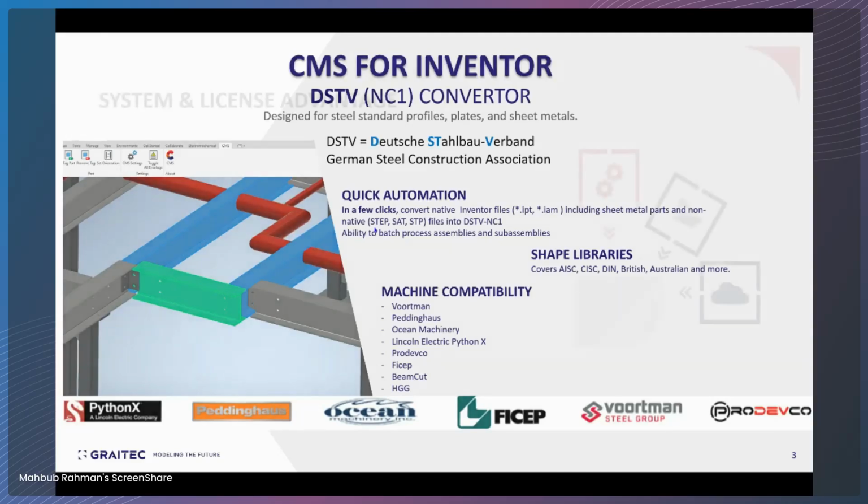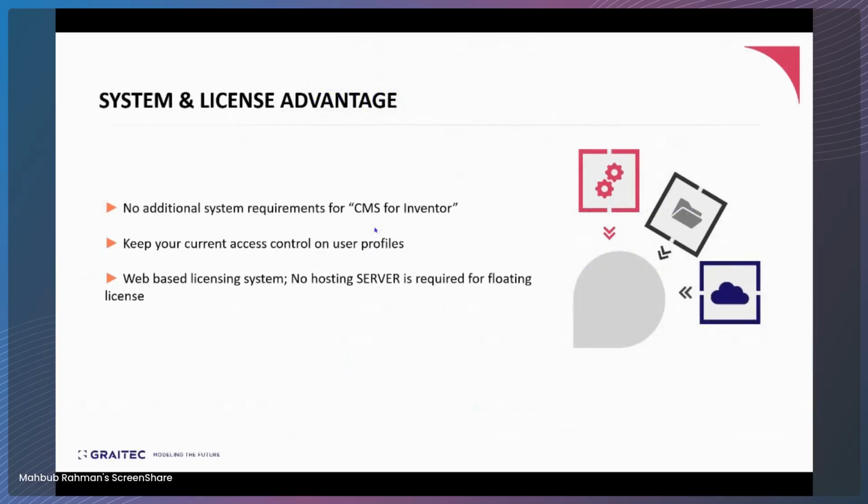A quick advantage of the software: there is no system requirement, as the software is a plugin. As long as your machine can support Inventor, it can easily support our CMS. In terms of user control on Inventor, nothing much changes when you install CMS.